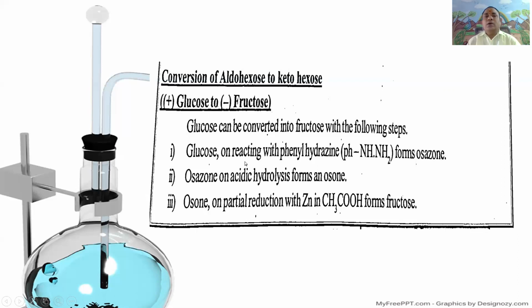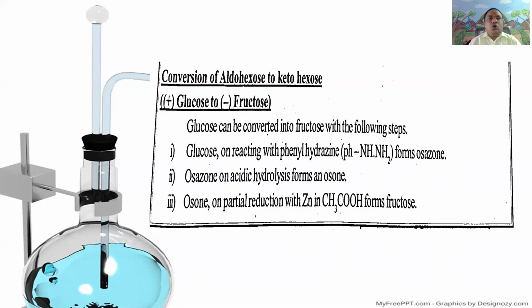Once again, conversion of glucose to fructose takes place following a three-step reaction. First step is glucose upon treatment with excess of phenylhydrazine hydrochloride to give osazone, that is glucosazone.